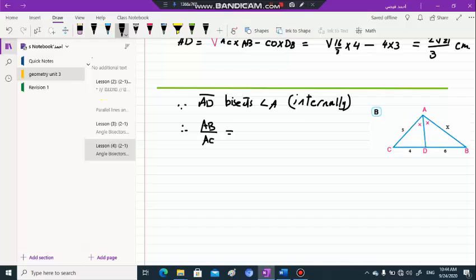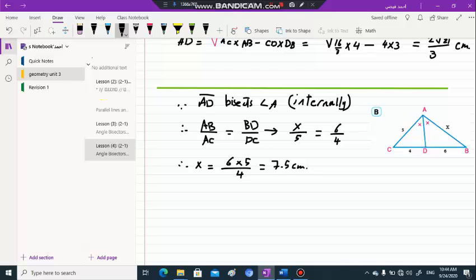I start with side AB, so I will start with BD. So AB equals x, AC equals 5, BD is 6, DC is 4. So x equals 6 multiplied by 5 divided by 4. So x equals 7.5 centimeters.